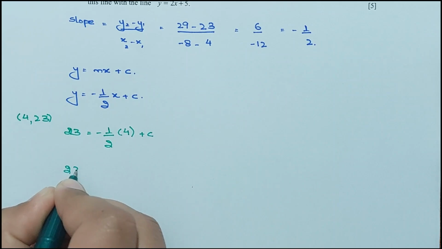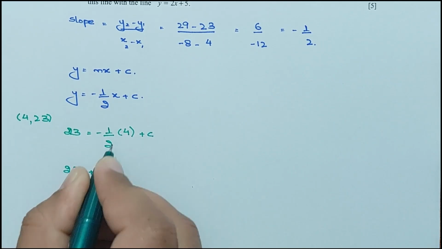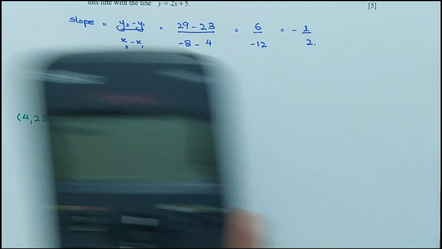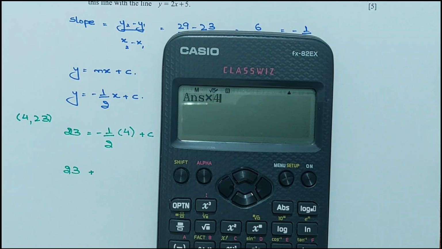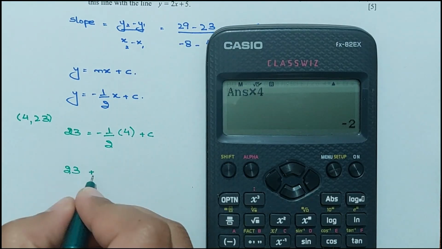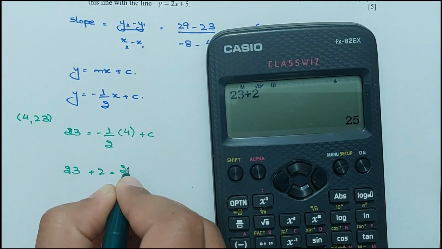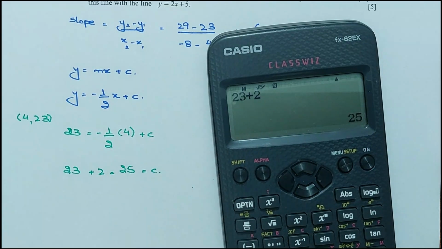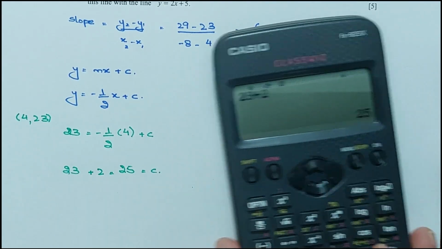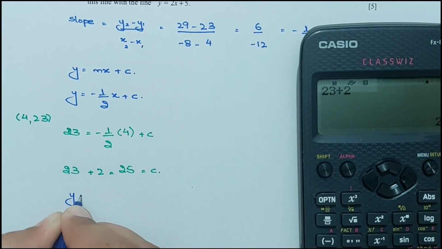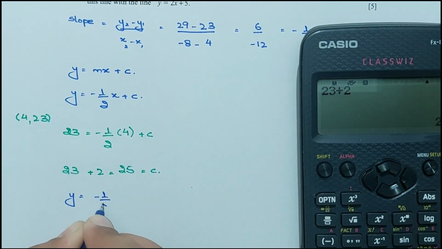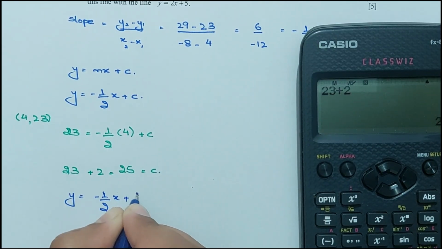Shifting this term to the other side, we have 23 plus 2, since minus 1/2 times 4 is negative 2, so it becomes positive 2. Adding 2 to 23 is 25. This is the c value. Now we can say the other equation of the line is y equals minus 1/2 x plus 25.